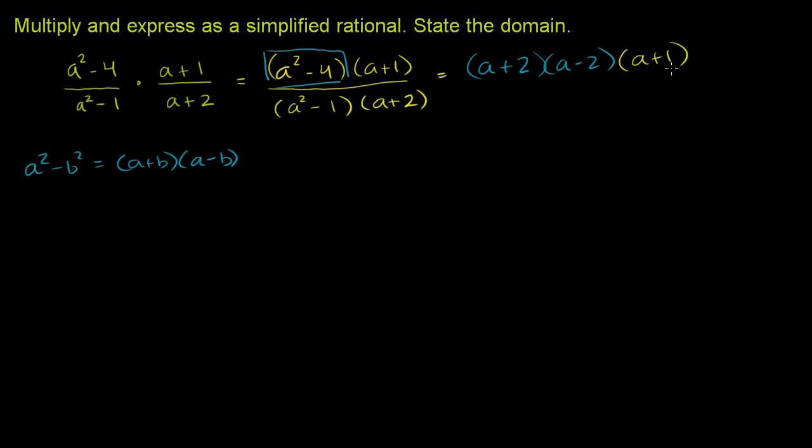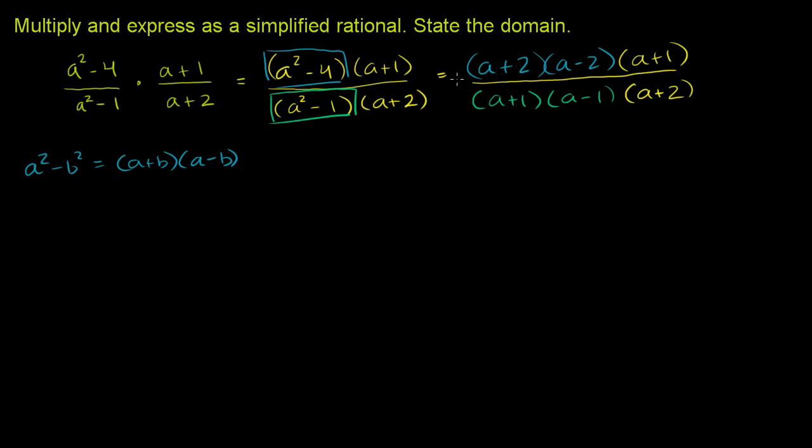And then in the denominator, we can factor a squared minus 1 as a plus 1 times a minus 1. If you ever want to know why this works, just multiply it out, and you'll see that when you multiply these two things, you get the original. And in the denominator, we also have an a plus 2.